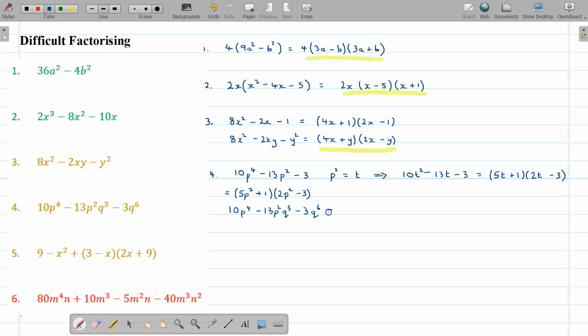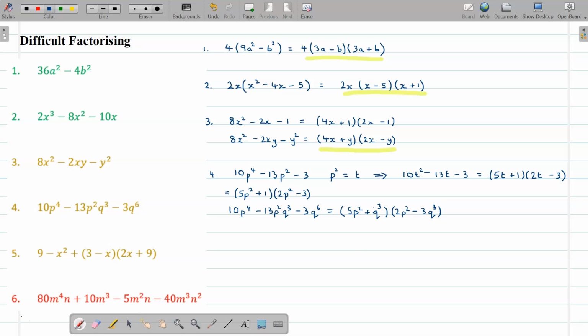based on what we've just done, is going to be 5p squared plus q cubed, multiplied by 2p squared minus 3q cubed.